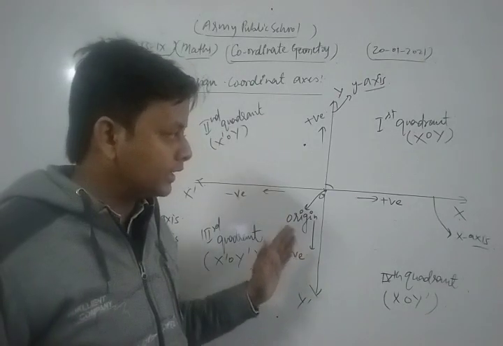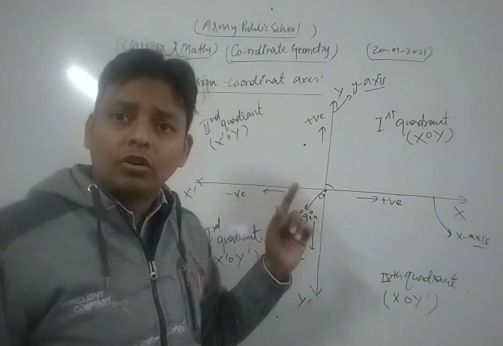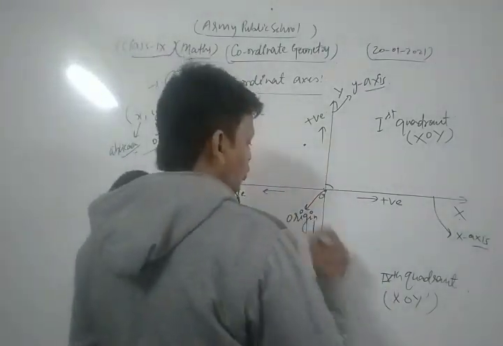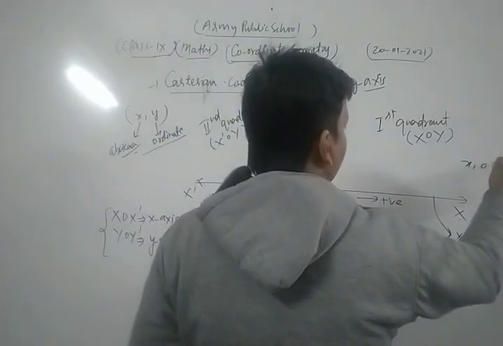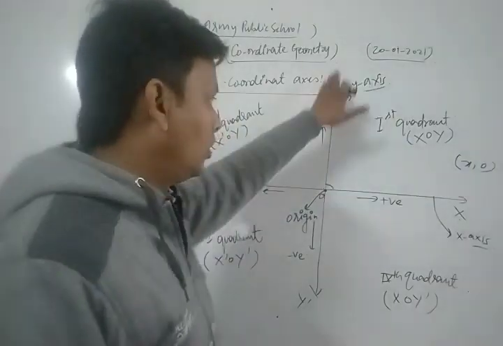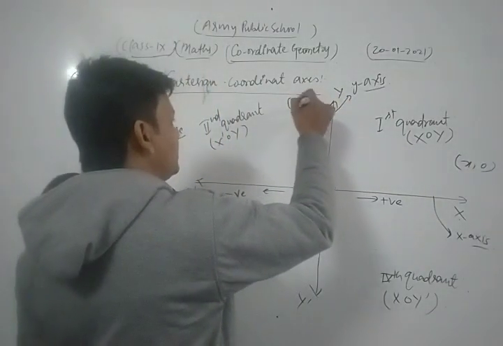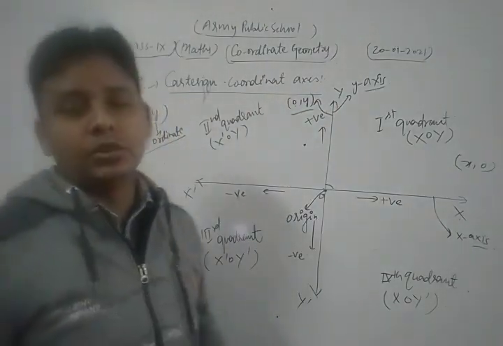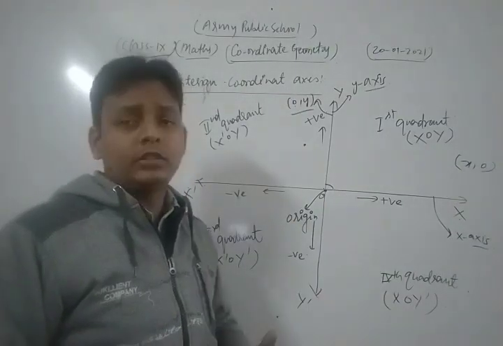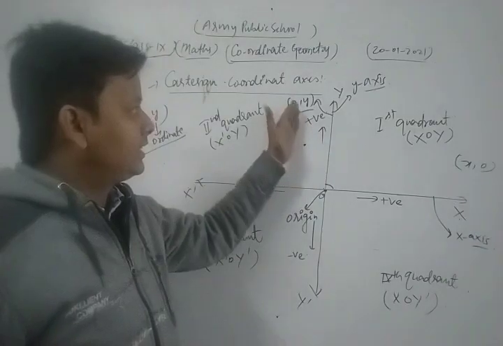One of the most important things is that on the x-axis the ordinate is 0, so all points on the x-axis are in the form (x, 0). On the y-axis the points are (0, y), so the abscissa is 0. So on the x-axis the ordinate is 0, and on the y-axis the abscissa is 0.